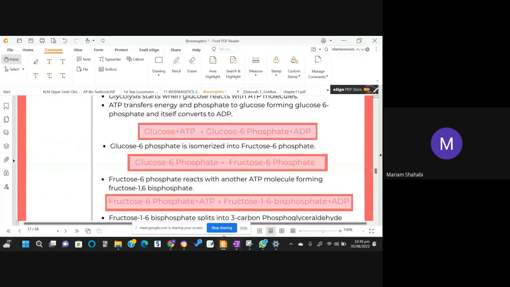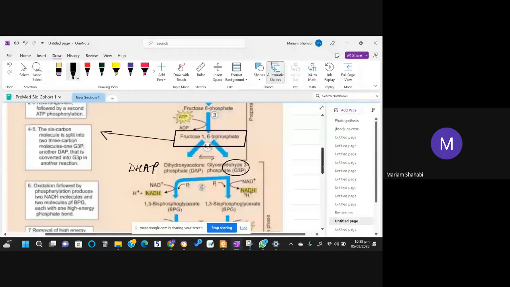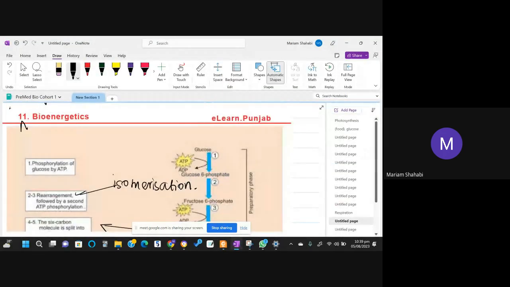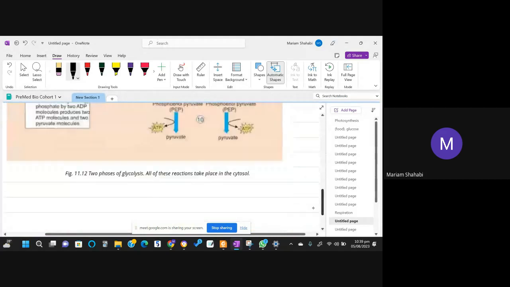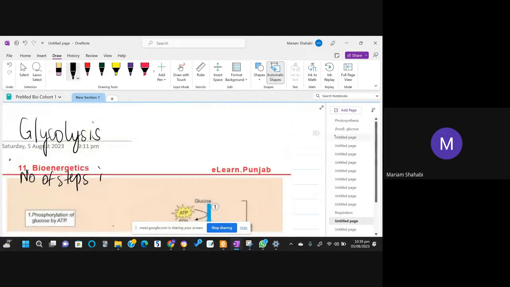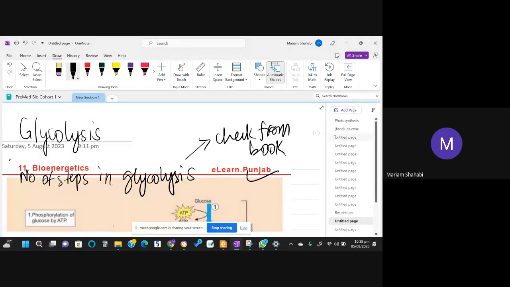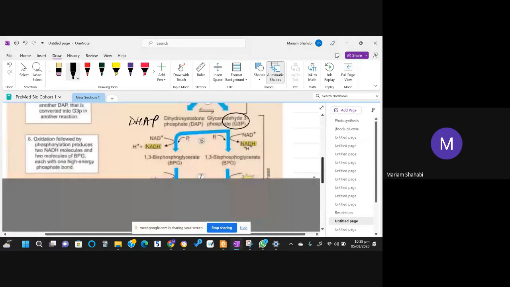So for the number of steps in glycolysis, here it says 10 steps. In the Punjab book it says 10 steps. So you should verify this. Check from whatever book you're following. This says 10, so I have mentioned 10 here.